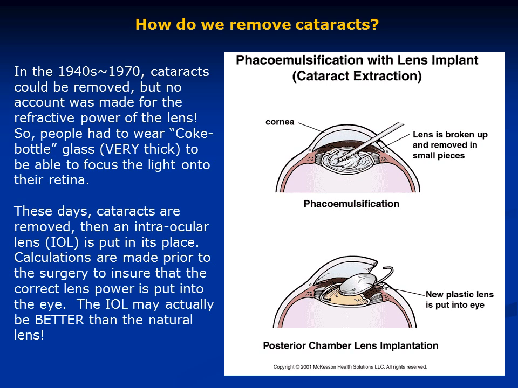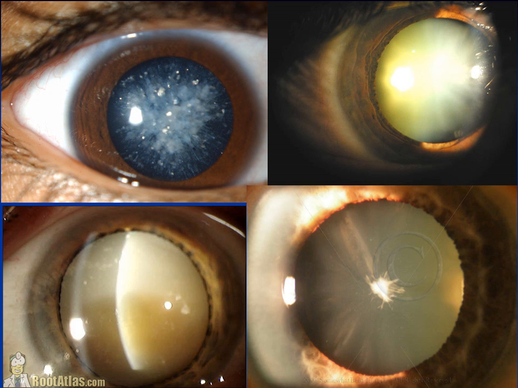Isn't that cool? It's not like calculating the power of the glasses, spectacles that you put on. This is putting it into your eye, so you can customize your vision by putting on glasses effectively inside your eye. And this IOL may actually be better than the natural lens at focusing light. Certainly, it's clearer than the cataract, no doubt.